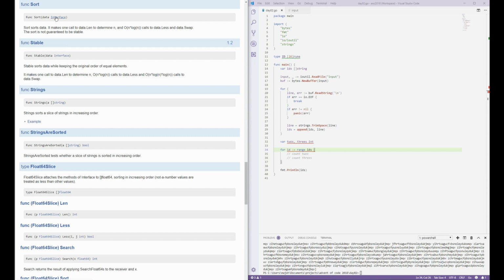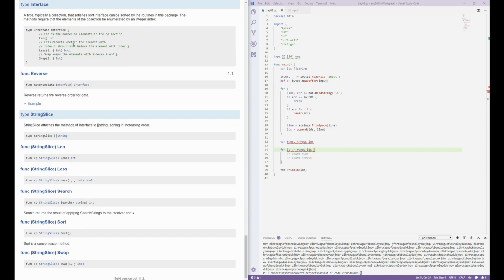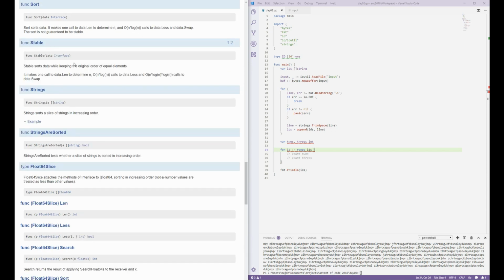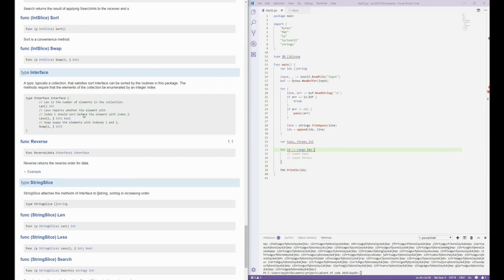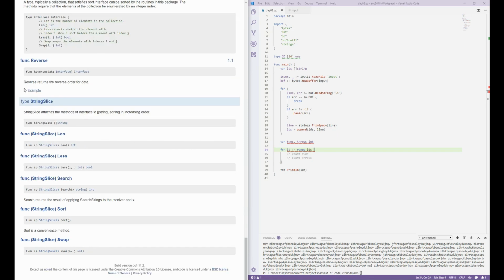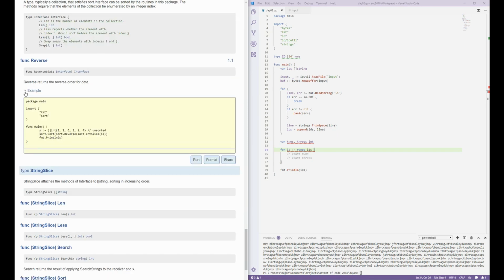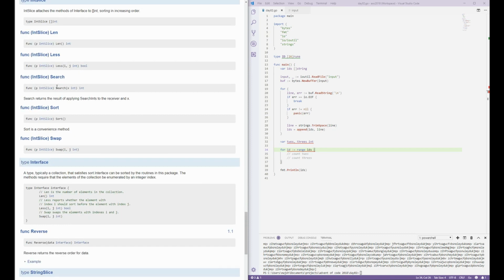What types interface? Strings are sorted. Func string. That's not quite what I want to do. I want to sort runes.